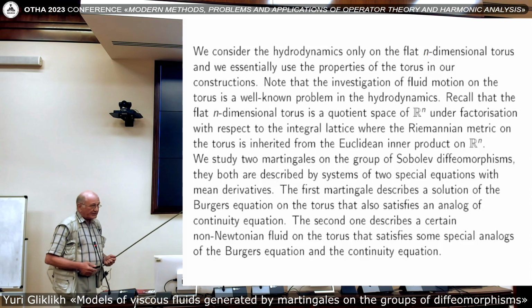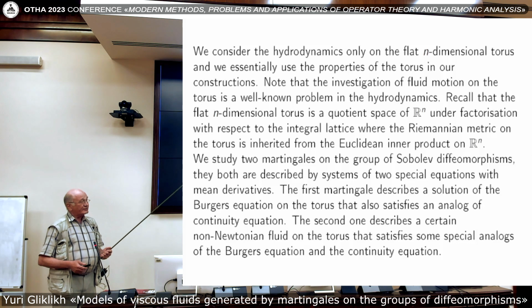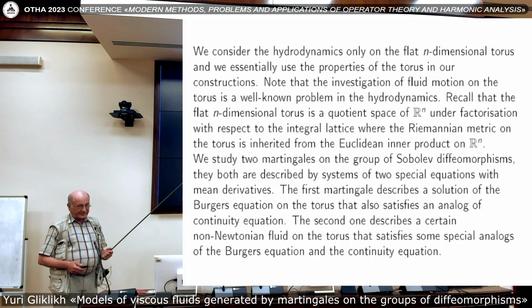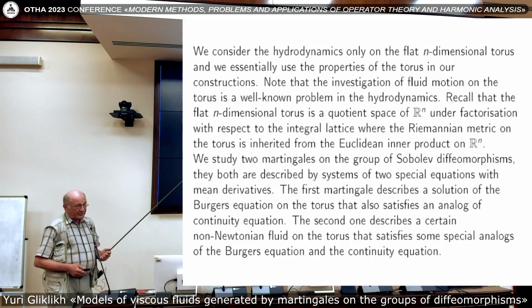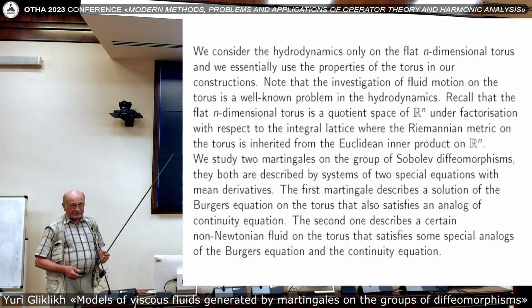So the main idea is some generalization of the approach introduced by Ebin and Marsden in 1970, a Lagrangian approach to hydrodynamics, where they produced a brilliant description of ideal fluids. But when they came to viscous fluids, it was not so brilliant and not so geometrical.